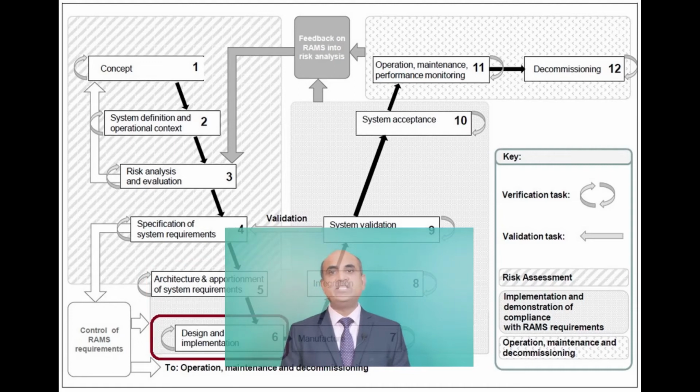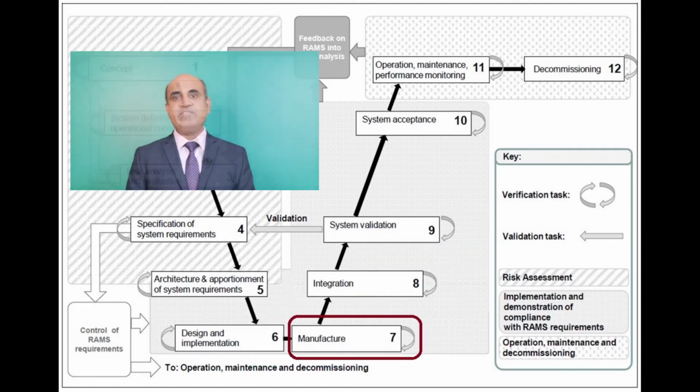Stage 6 is design and implementation. At this stage, subsystems and components are designed to meet the RAMS requirements. And the next phase is manufacture. At this phase, we manufacture the subsystems and components and apply RAMS-centered assurance arrangements.